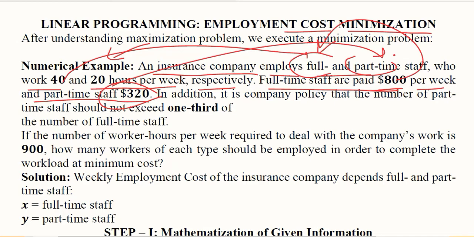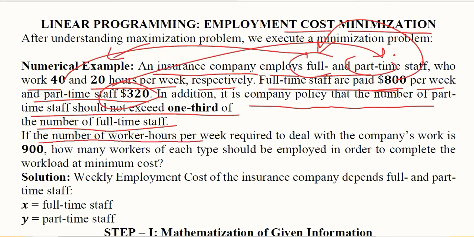In addition, it is company policy that the number of part-time staff should not exceed 1/3 of the number of full-time staff. So 1/3 of the full-time staff will be permitted as part-time staff. Now if the number of worker hours per week required to deal with the company's work is 900, so 900 is the total number of hours required for work by the labor.